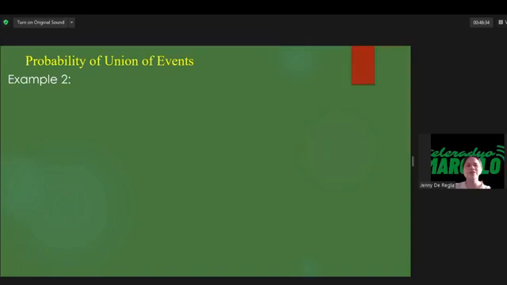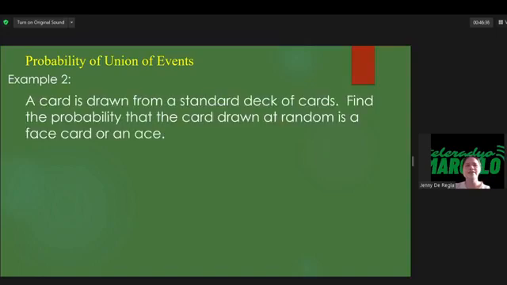Next, example 2. A card is drawn from a standard deck of cards. Find the probability that the card drawn at random is a face card or an ace. Is this a mutually exclusive or not mutually exclusive event?